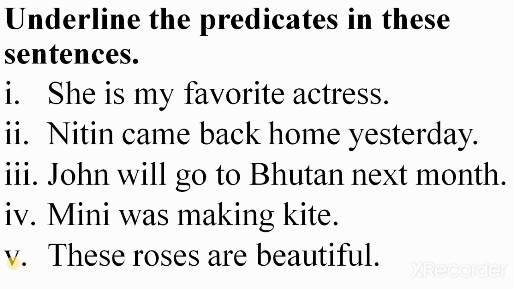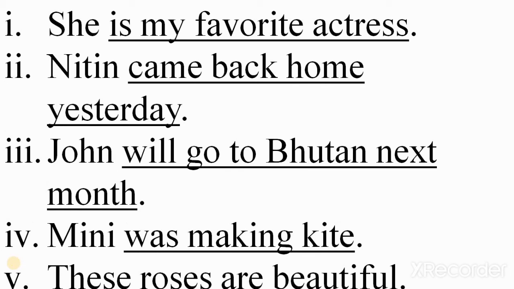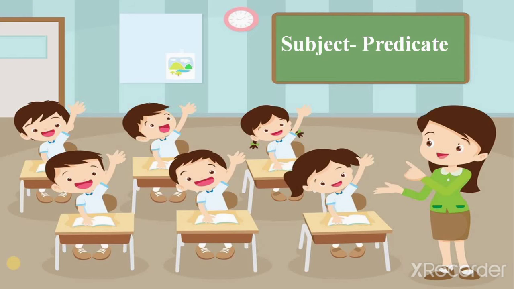Underline the predicates in these sentences. Look at the sentences first and see that the predicates started with a verb. So, is my favorite actress is the predicate. Came back home yesterday is your predicate. Will go to Bhutan next month is your predicate. Was making kite is the predicate. Are beautiful is your predicate.